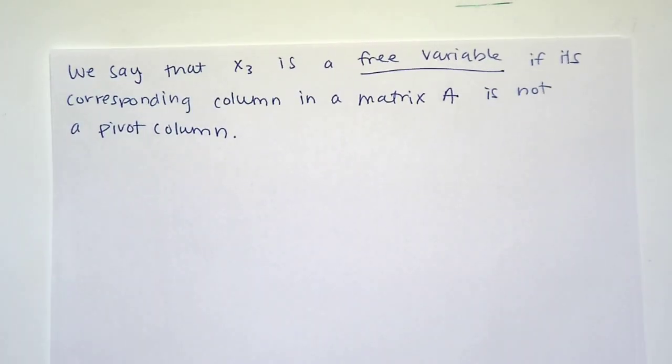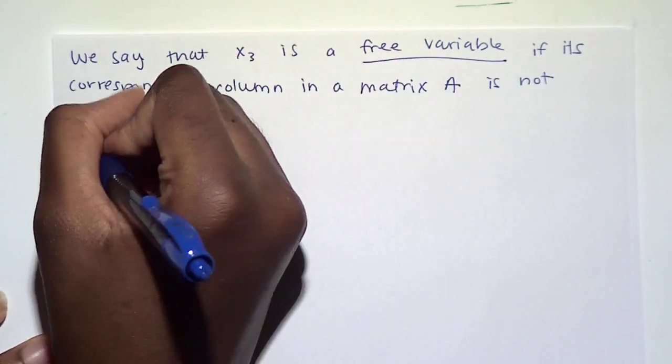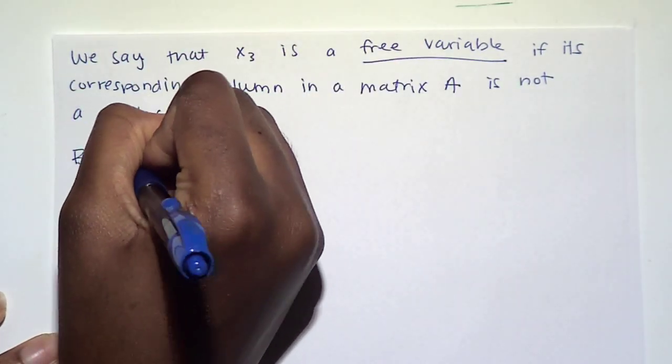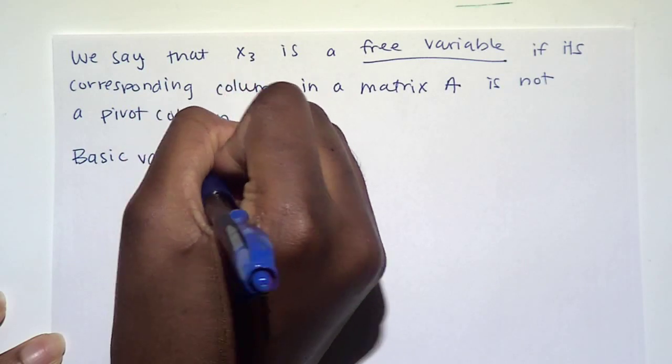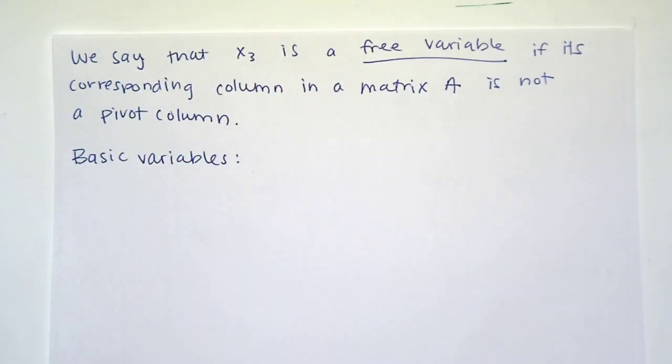Okay, so let's look at the different kinds of variables that we can encounter. All right, so the first is just our basic variables. We have basic variables where the leading coefficient in that column is a 1.